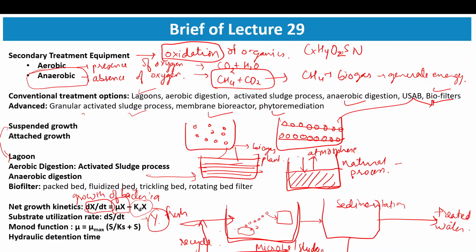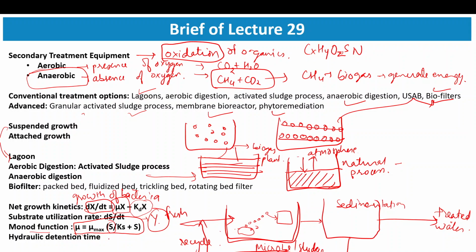Now this mu here is a constant which is denoted as the Monod function, and this constant represents decay and growth of bacteria. So this is how it is represented. Now S is the concentration of substrate here. So this is a differential equation which needs to be solved. And by using mu, you can say that growth of bacteria depends on the concentration of substrate as well.